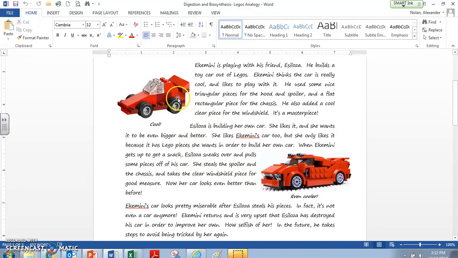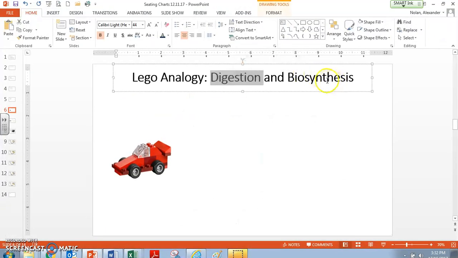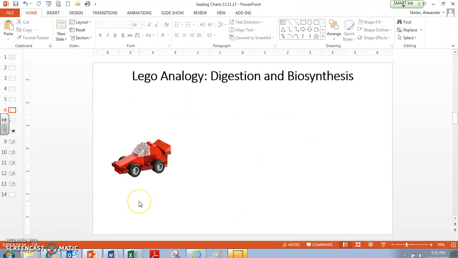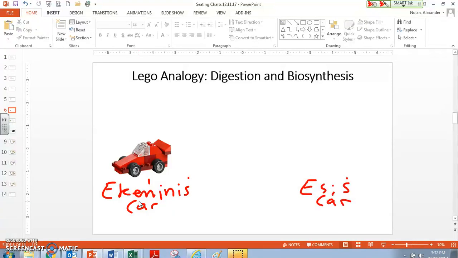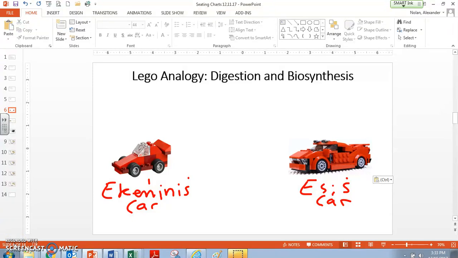So how is this like digestion and biosynthesis? That's what we want to be able to say. Well, what we have here, we've got Akemene, and he has built this car. So we've got Akemene's car, right there. And then over here, Esiloza is building her own car. So we've got Essie's car. She's working on her car, and she's got sort of a good start on it. There we go. So Essie's got her car coming together, and she steals some of Akemene's pieces.